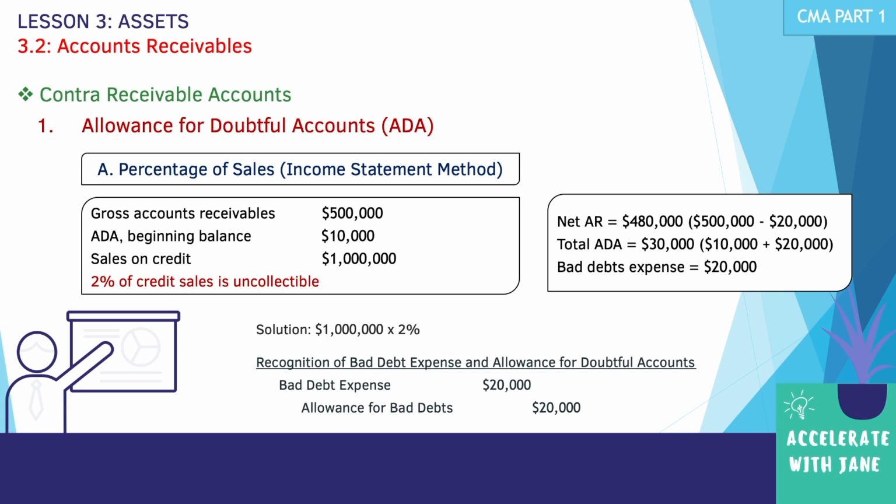Okay, so the total ending balance of the allowance for doubtful accounts is 30,000 US dollars. If you look at the left side here, we have the beginning balance of allowance, which is 10,000 US dollars. And then we simply add the bad debt expense during the period, which is 20,000 US dollars. Hence, we get the ending balance of allowance, which is 30,000 US dollars.